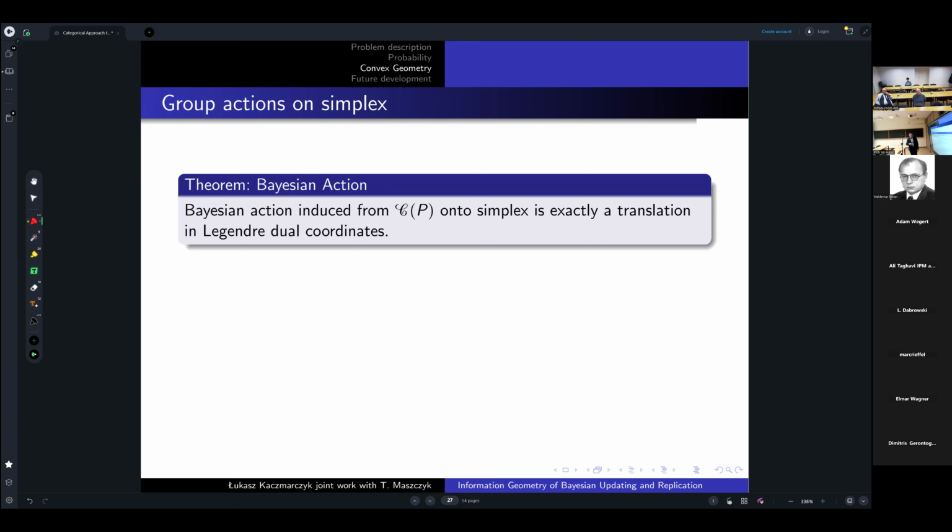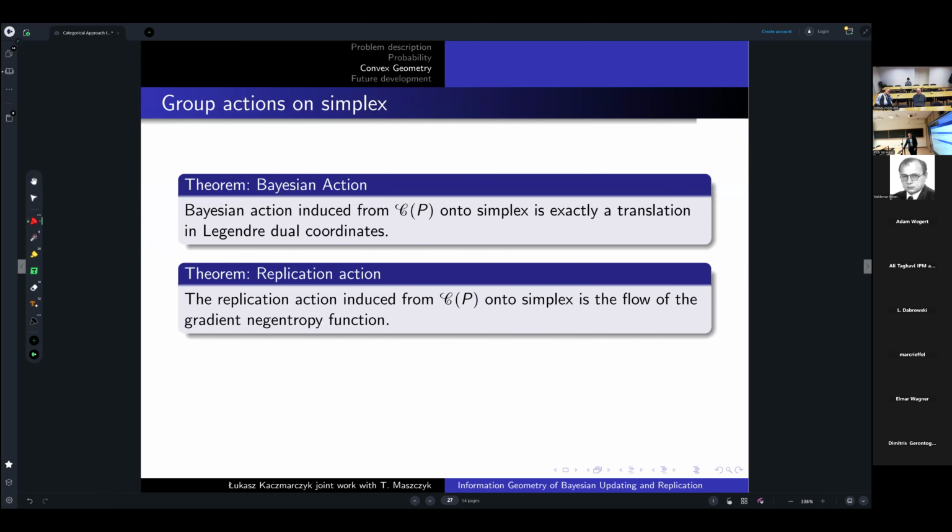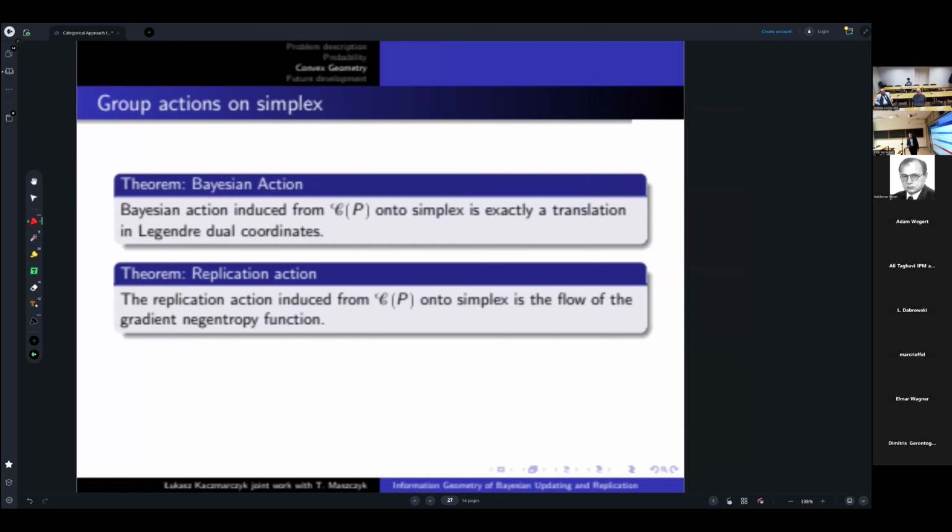and the actions that we defined in purely probabilistic terms can be defined in purely geometric terms. I mentioned it some time ago when you asked for some intuition. So yeah, the Bayesian action induced from probability space onto this convex simplex is simply the translation in dual coordinates, and the simple replication comes from the flow of the gradient of the negative entropy function.